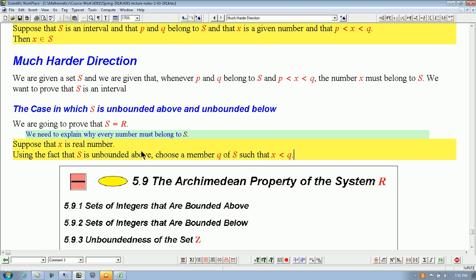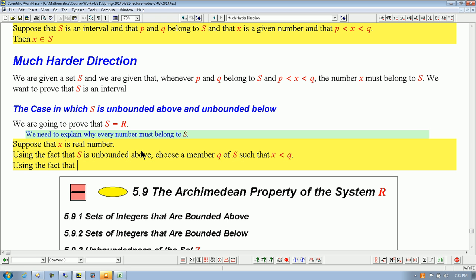Yes? Very well. Using the fact that S is unbounded below, choose what? A member P of S such that what?